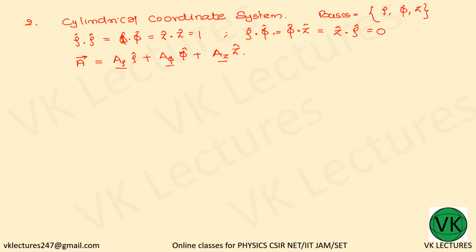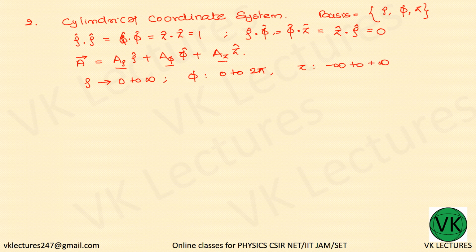And now we need to find out the limits. The range of rho is from 0 to infinity, phi ranges from 0 to 2 pi, and z ranges from minus infinity to plus infinity.